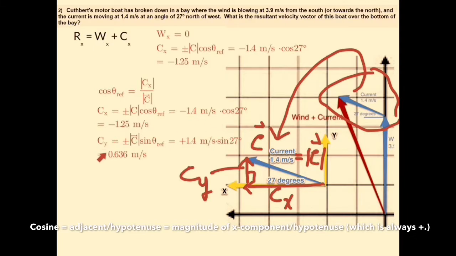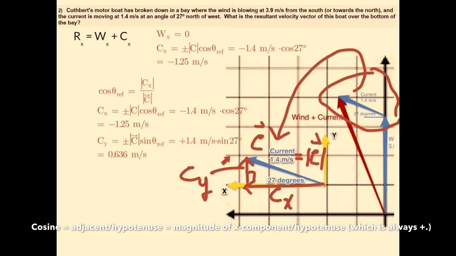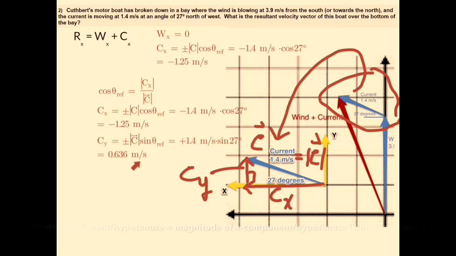Solving for c sub y, we manually prefix a plus or a minus, magnitude of c, or 1.4 meters per second, times the sine of the reference angle. C sub y is positive, so we prefix the plus sign, and we evaluate 1.4 meters per second sine of 27 degrees, and to 3 significant figures, this is 0.636 meters per second.